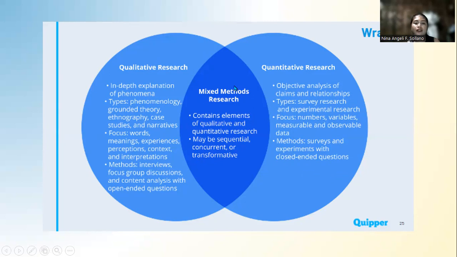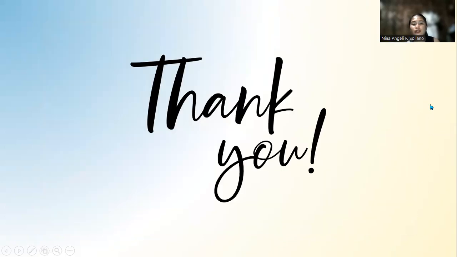Okay, and here in mixed methods, the quali-quanti is having the sequential, concurrent, and transformative, and contains the elements of both quali and quantitative research. So that's the end of our lesson 3 and also the unit 1, which is nature of research.